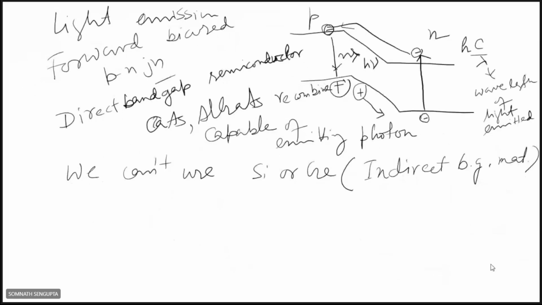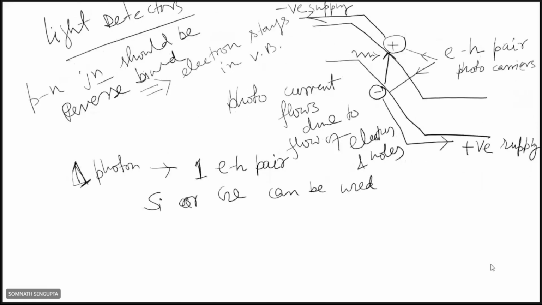Then we discussed about how the charge carrier movement takes place in light emitting diodes or particularly light source, semiconductor based light source. Then photo detectors we discussed how the electron and hole pair contribute to flow of current.